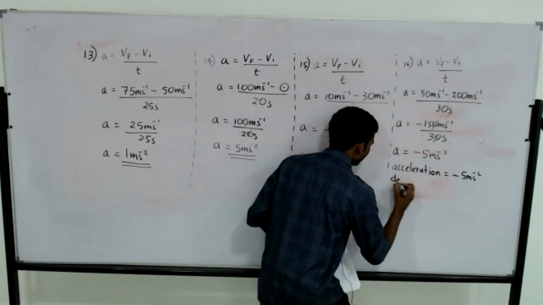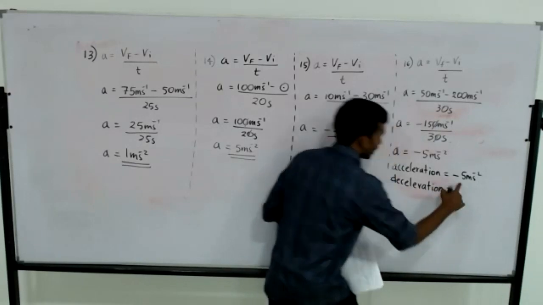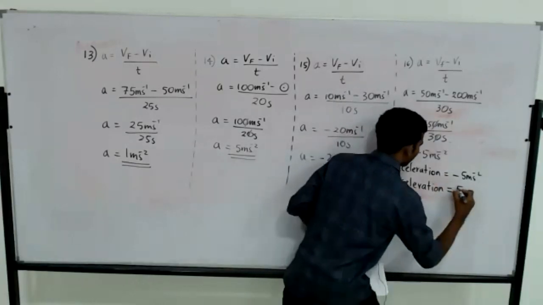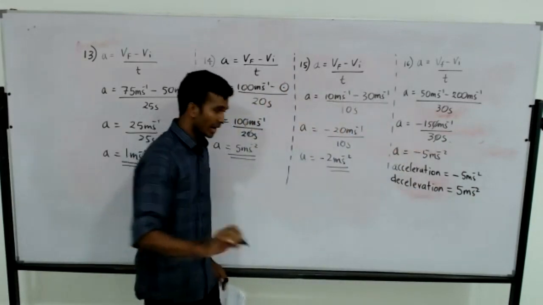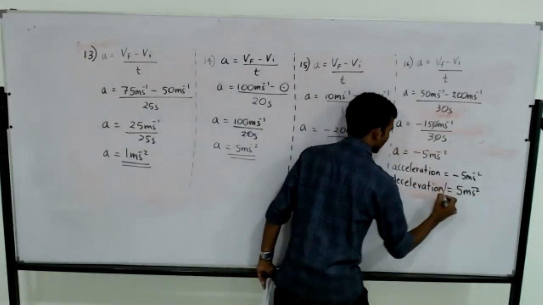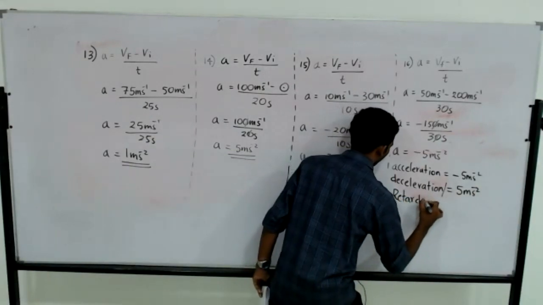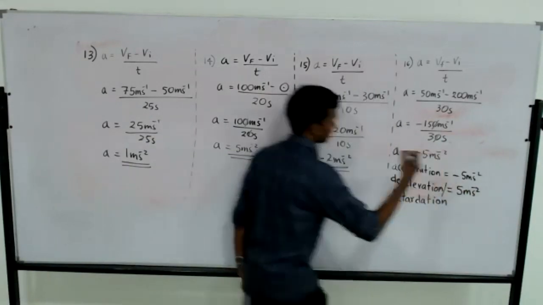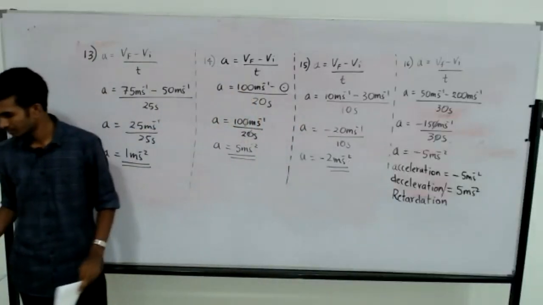Therefore, deceleration is positive, 5 ms to the power minus 2. Clear? Another word for deceleration is retardation. So even if they ask retardation, you write it in the same way. Clear?